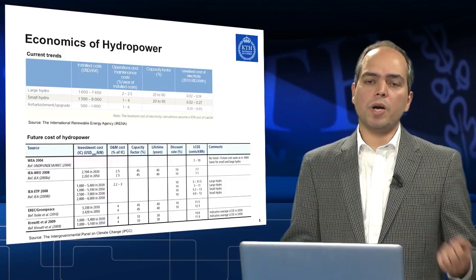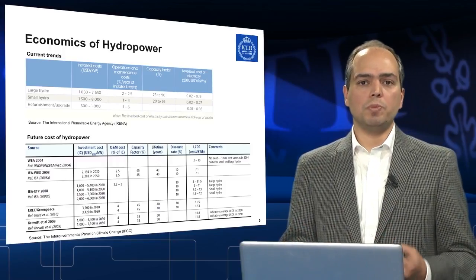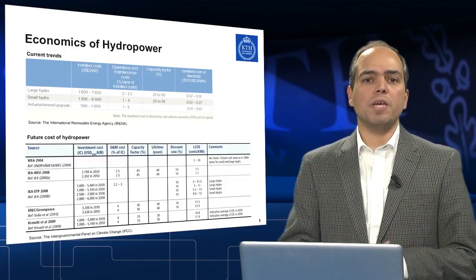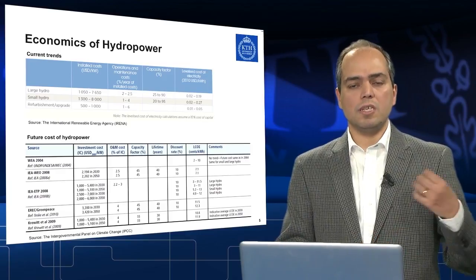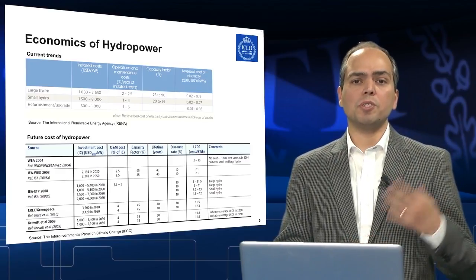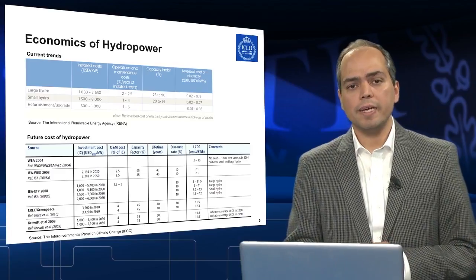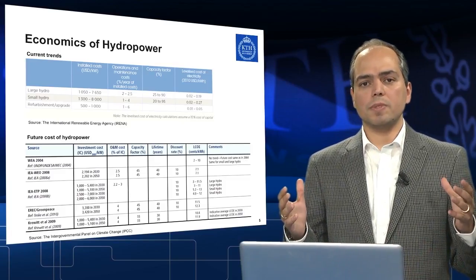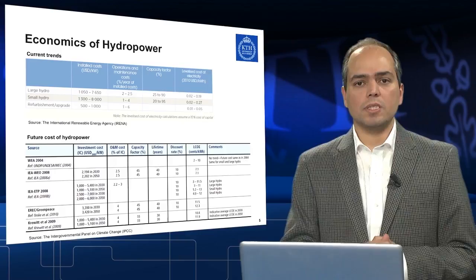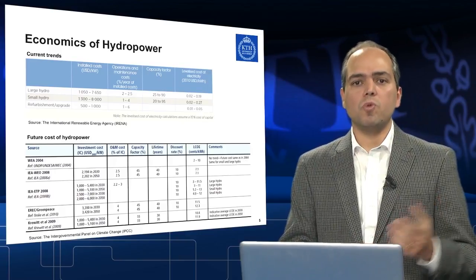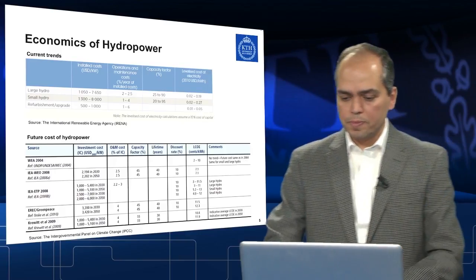Of course, the turbine itself, the equipment, should be renewed maybe after 25 years, and then it gives you the possibility for refurbishment projects for the hydropower plant. But the lifetime of a dam itself is more than 50 years.